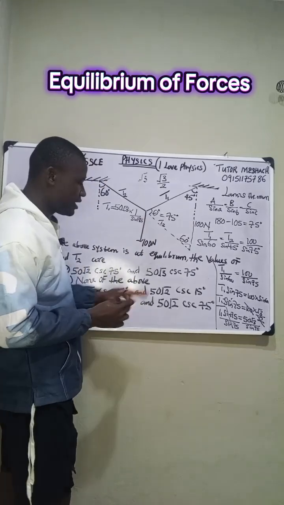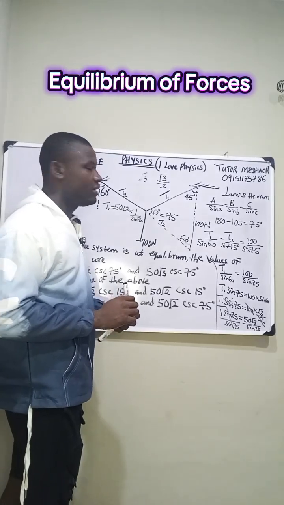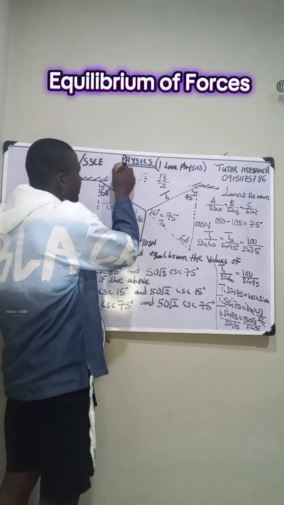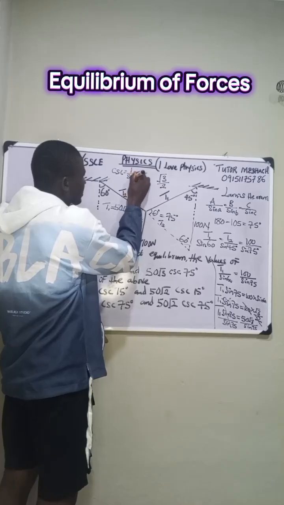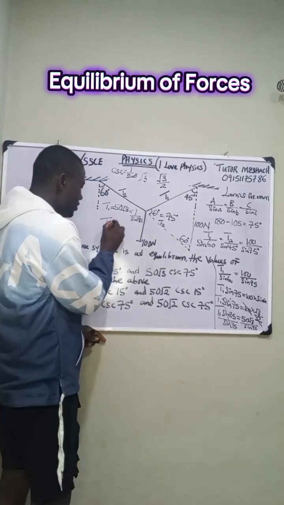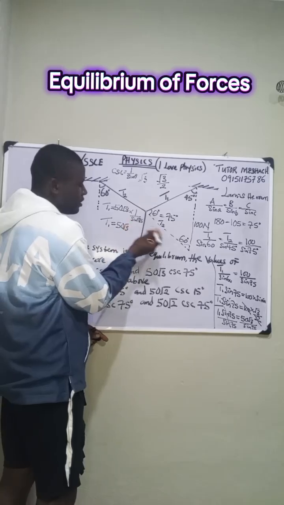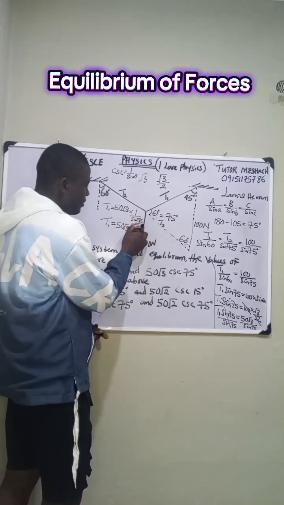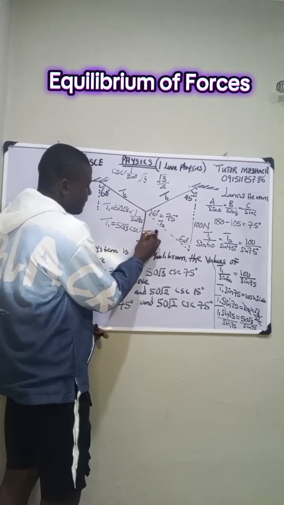Now, you see this thing here, CSC. It means cosecant. 1 over sine theta is equal to CSC theta. So have you seen it? We have gotten that T1 is equal to 50 root 3 CSC 75.